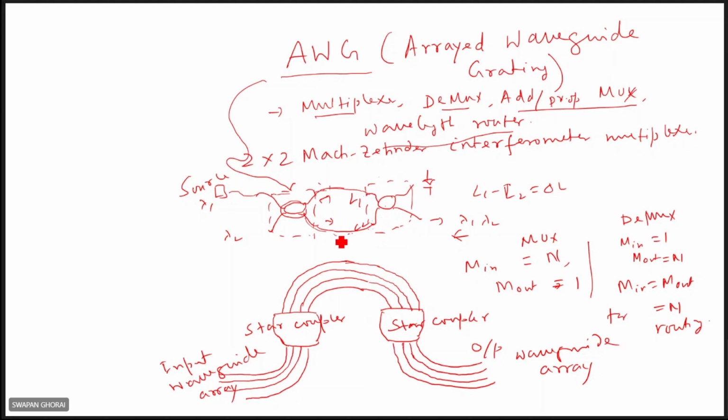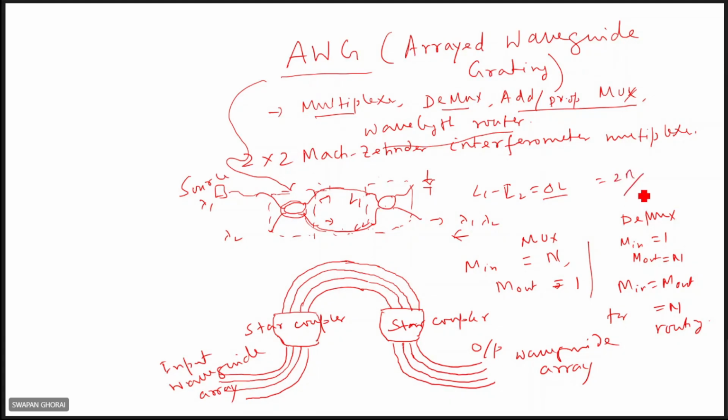In this Mach-Zehnder interferometer, if you launch lights lambda 1, lambda 2 here, then at the output ports you'll get lambda 1, lambda 2 with phase variations. In this case, the path difference between the two arms, delta L, is the most important. Which wavelengths go to which ports depends upon this path difference.